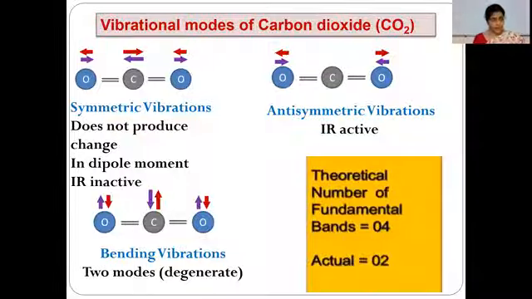Here, if we come to the conclusion about the similarity between the theoretical number of fundamental bands and actually observed fundamental bands, first, we are taking the example of carbon dioxide. In carbon dioxide molecule, 4 types of fundamental vibrations are possible according to theory.